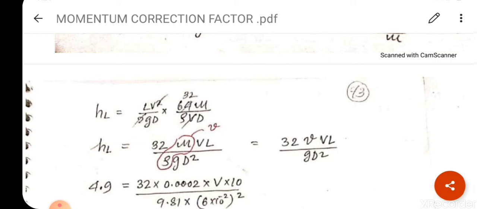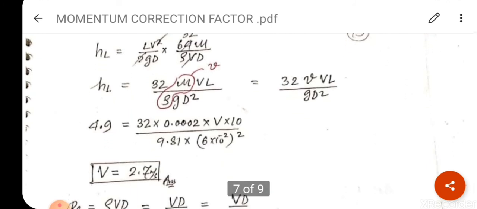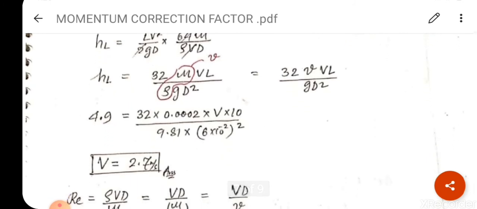So putting the value here, we will get the answer of V, that is velocity in the pipe. Clear? So HL value is 4.9, 32 as 32. Nu, what is nu? Nu is the kinematic viscosity, that is mu upon rho. Clear?